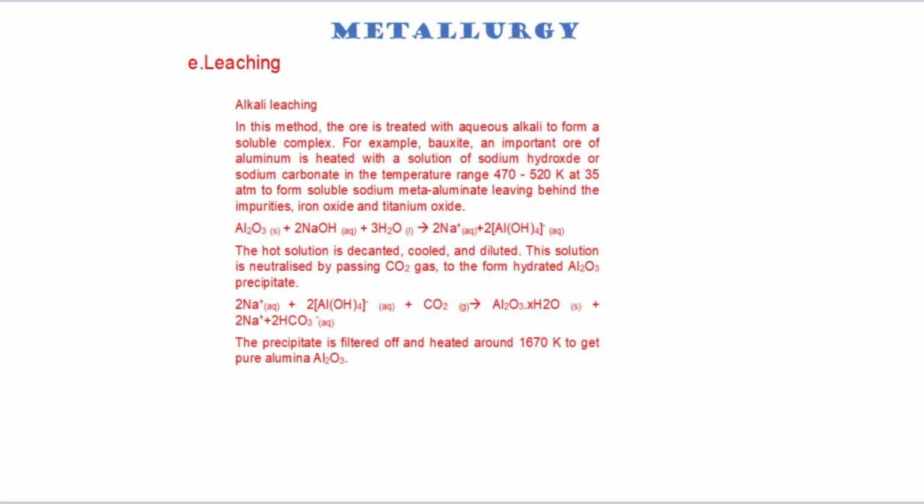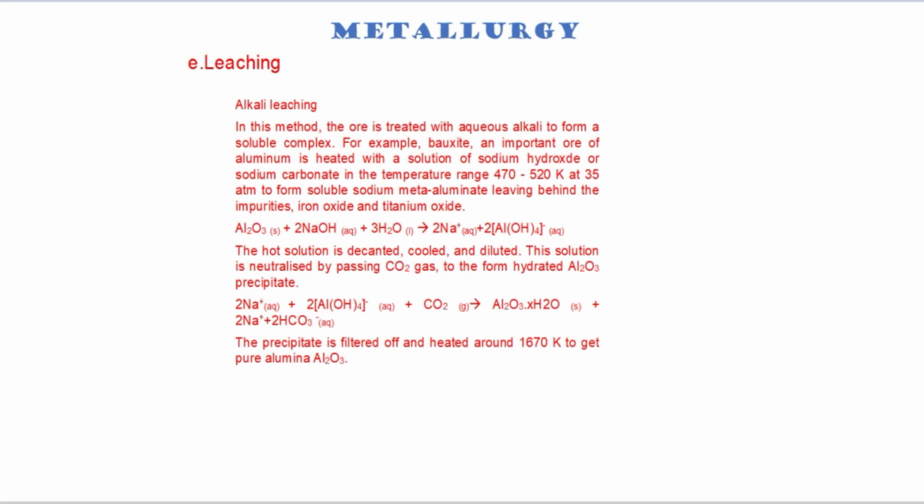Then alkali leaching. In this method, the powdered ore of aluminium is treated with NaOH solution at 470 to 520 Kelvin and 35 atmospheric pressure. Here soluble sodium metaaluminate is formed, leaving behind the impurities such as iron oxide and titanium oxide.